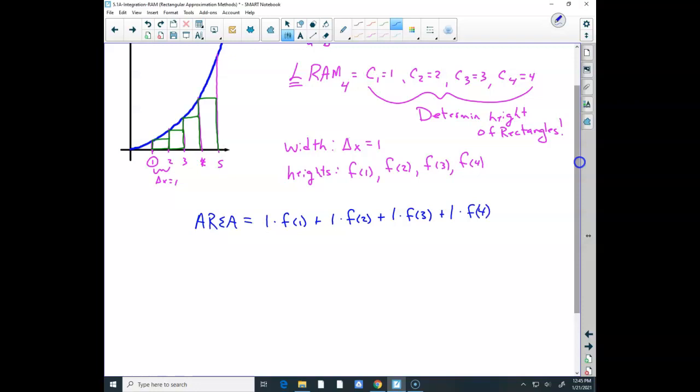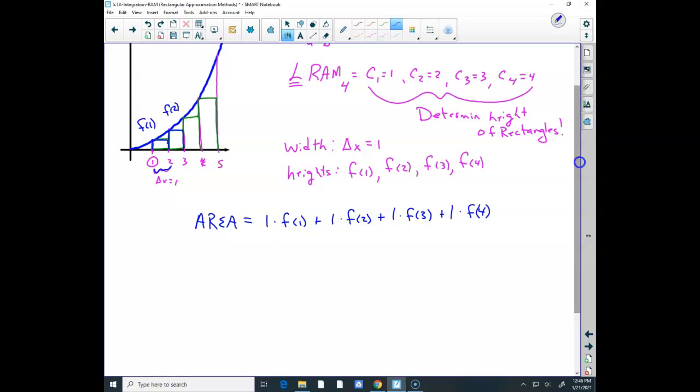That's going to give me my area because my width is 1. The height of this rectangle is right there. That's f of 1. That tells me how tall that one is because this is 2 and it hits the curve. That's my f of 2. Okay? So that's where I'm getting my heights from.